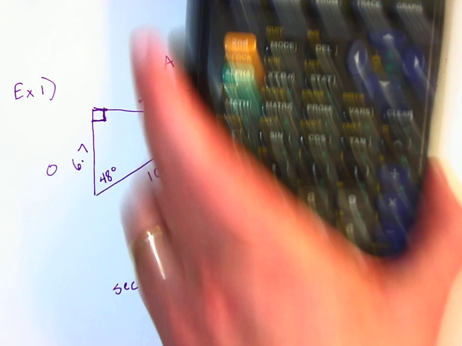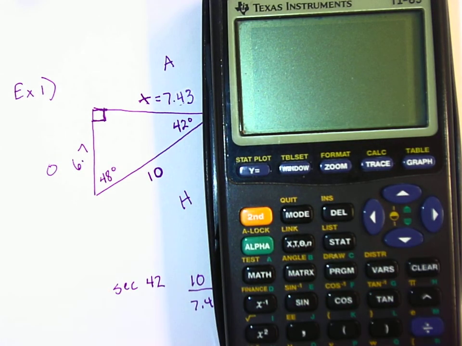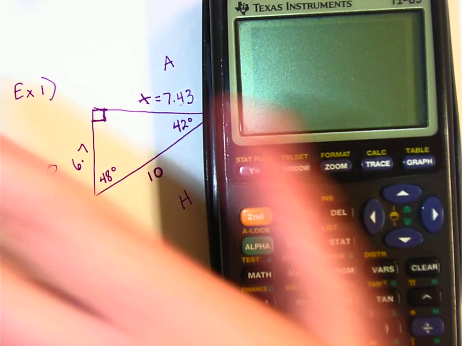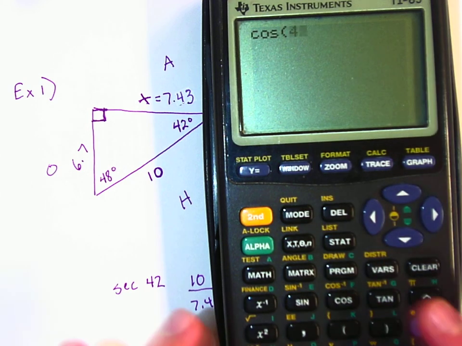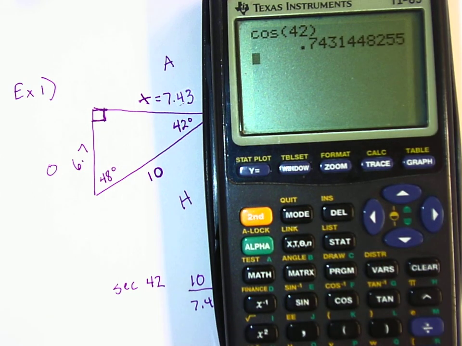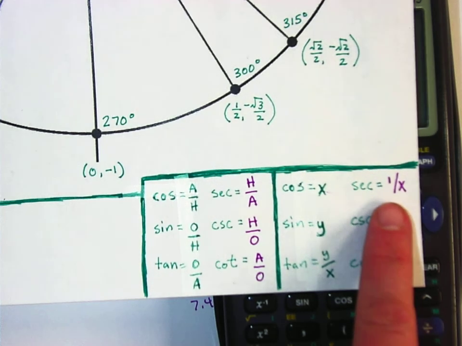Actually, that doesn't really work. That only works when you're trying to find an angle. So if you're trying to find out what the angle was, that's when you do inverse sine and inverse cosine. But if I wanted to find the cosine of 42, I could just type it in my calculator. But what if I wanted to find the secant of 42? Would you do 1 over cosine of 42? Right, because since cosine is x, that means that secant is 1 over x.